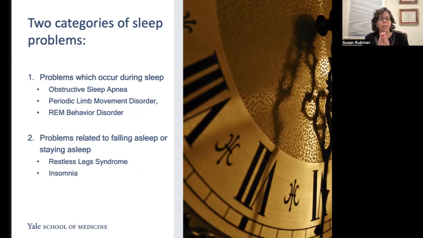And it disrupts falling asleep because of that uncomfortable sensation. Individuals may need to get up and walk around or stretch or rub their legs together in order to make the sensation subside. And then finally, insomnia, which is something that we're going to talk about in more detail in just a moment. Let's narrow our focus now to talk about sleep in Wilson disease specifically.